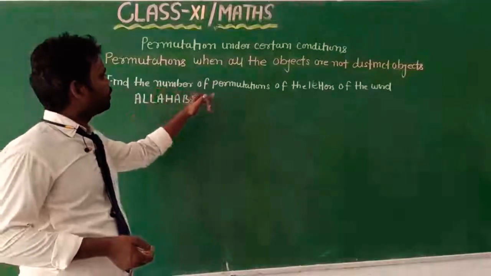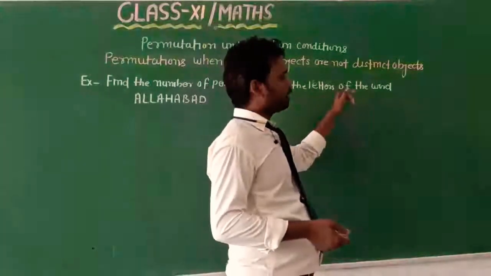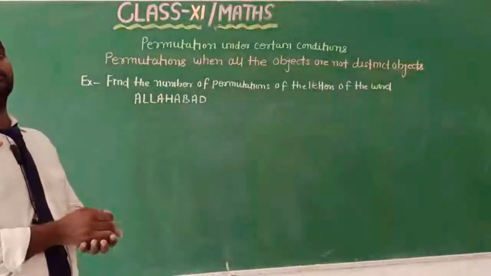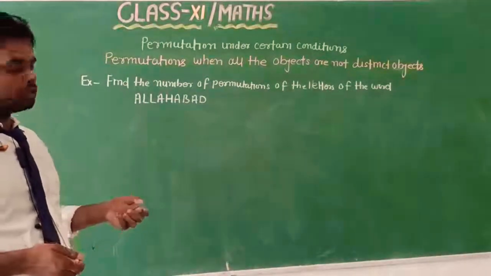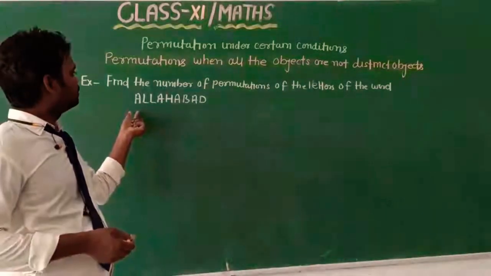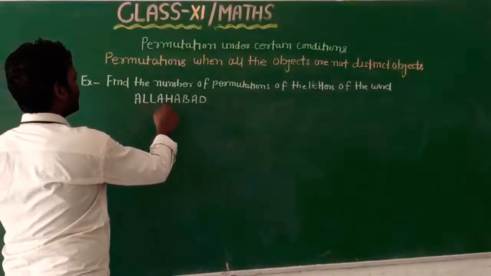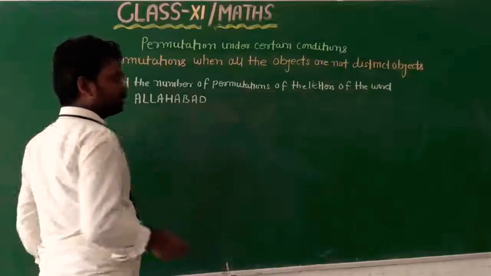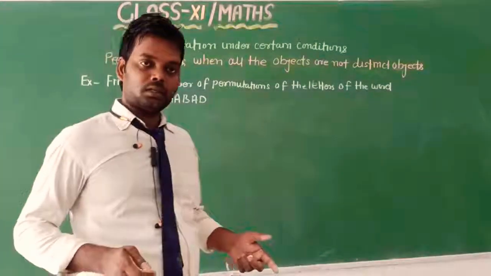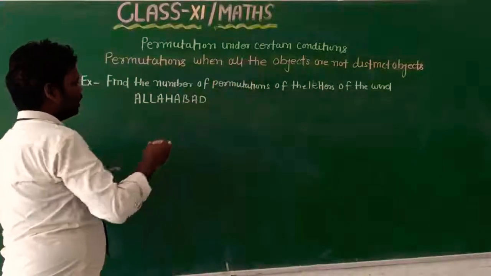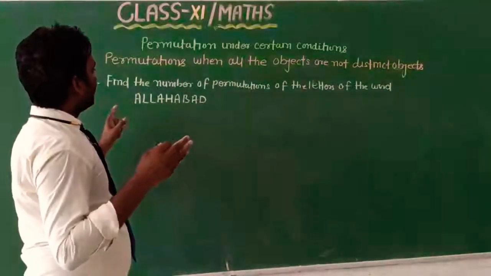Find the number of permutations of the letters of the word Allahabad. Here there are 9 objects or letters.